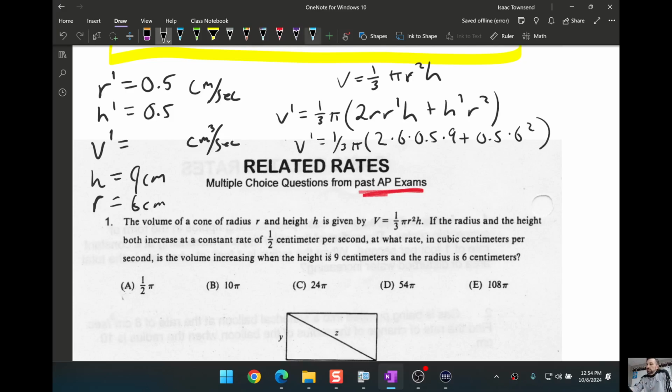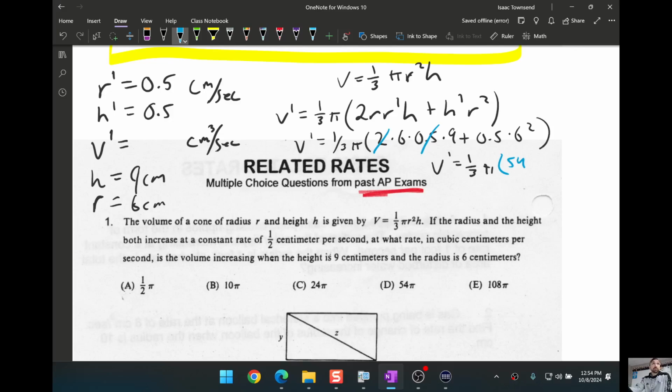So, let's see if I can do this without a calculator. That'll be a good challenge. Let's see, 2 times a half goes to 1. 6 times 9 would be 54. This would be 36.